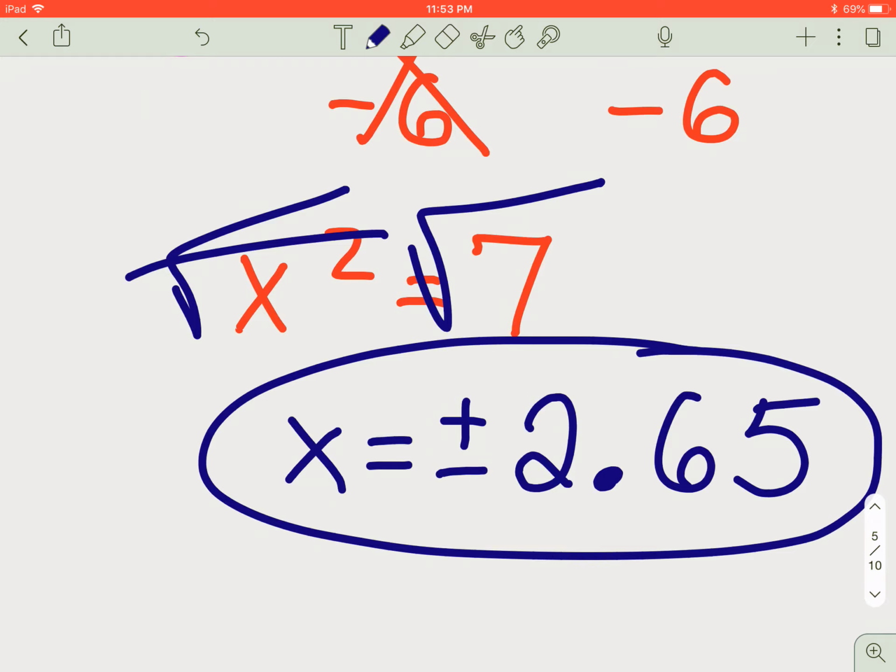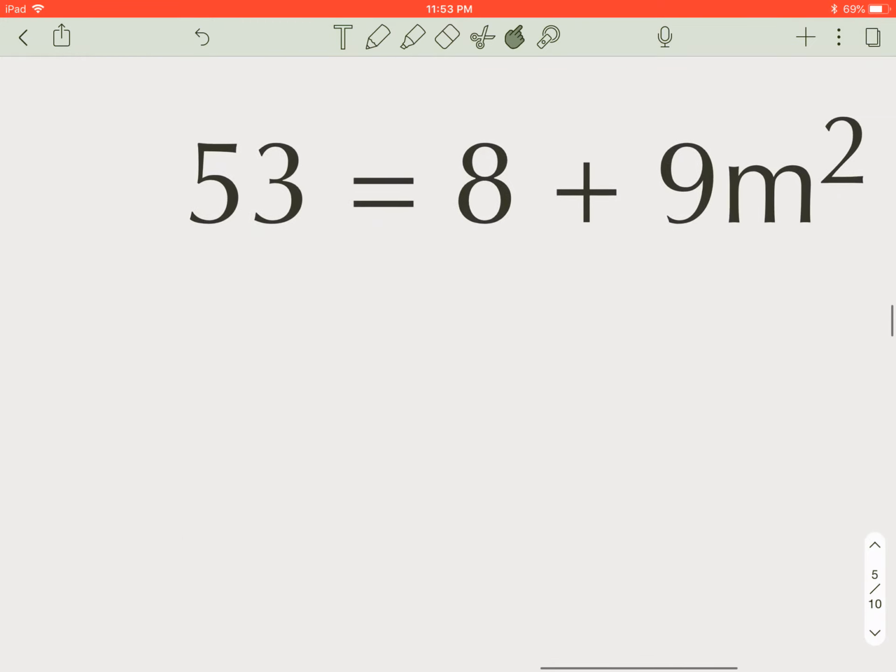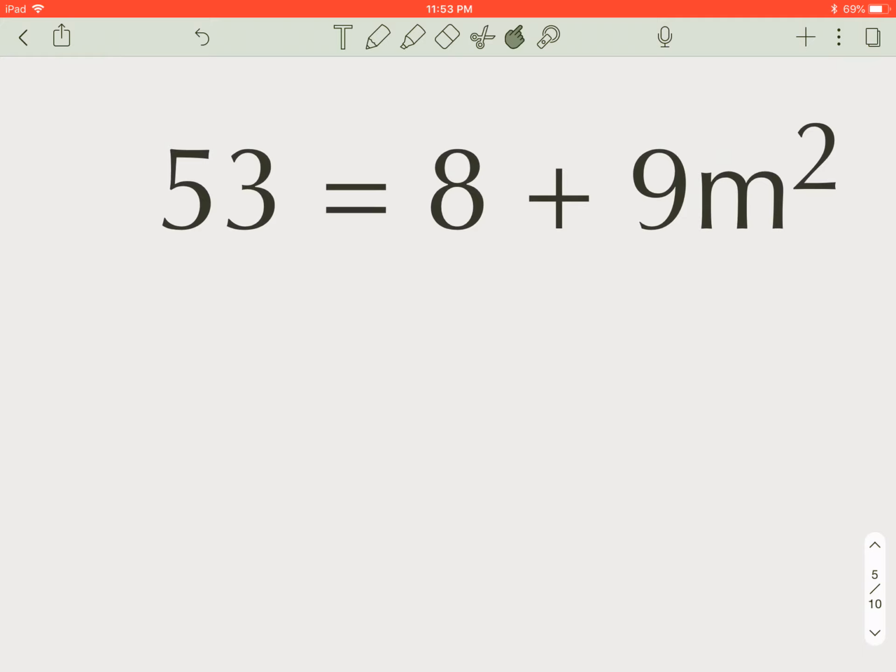Okay, moving on. This one looks a little bit different because now our variable is on the right side of the equation, but that makes no difference at all. There's my variable right there. I have to isolate that term first, and then isolate the variable itself.